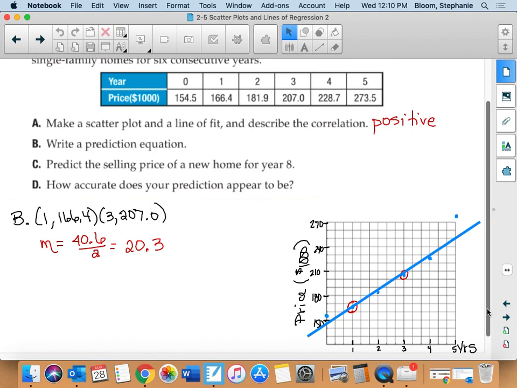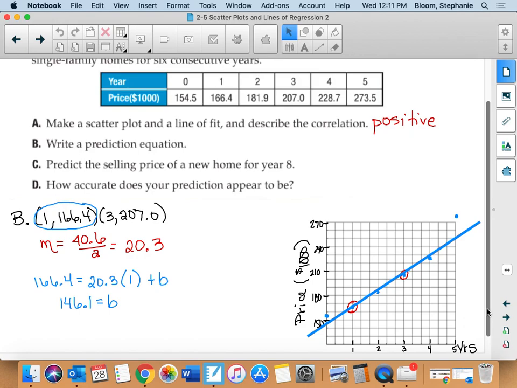And now I'm going to find my b. So I'm going to take this point right here, and I'm going to plug it into that y equals mx plus b form. So 166.4 is my y, m is 20.3, my x is 1 plus b, and when you solve that, you should get b to be 146.1.